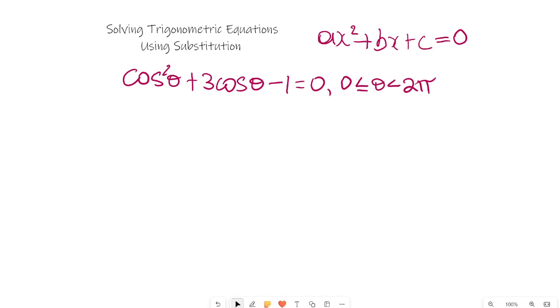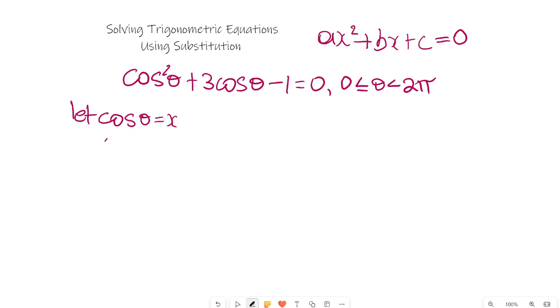Now, what can this do to help us? Well, if you notice that this equation kind of resembles the quadratic equation, but not exactly, we can manipulate it to look like it. Let cosine theta be x. So this is where the substitution comes in.